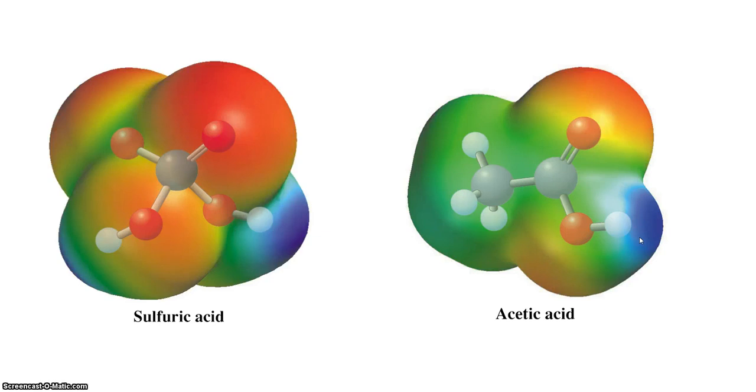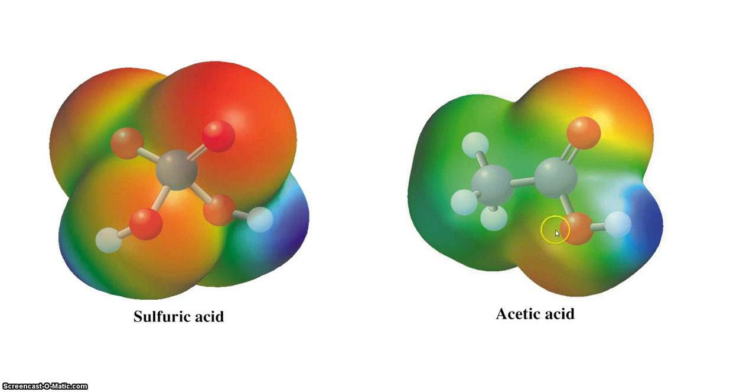And we can glean that information from these electrostatic potential maps, because there is more red on the oxygen that's bonded to the hydrogen, meaning there's more electron density on this oxygen than on the hydrogen, and there's a larger difference in color than there is on the acetic acid.